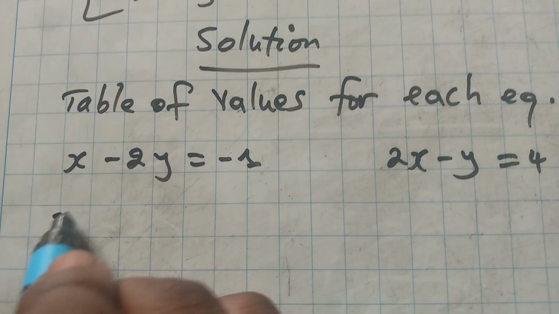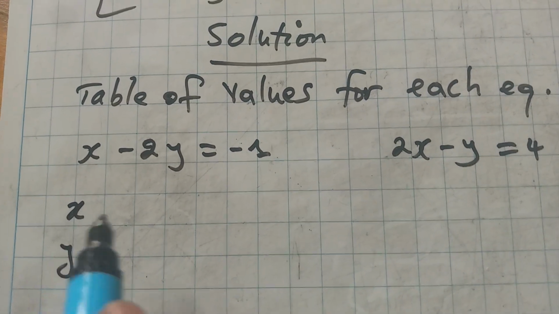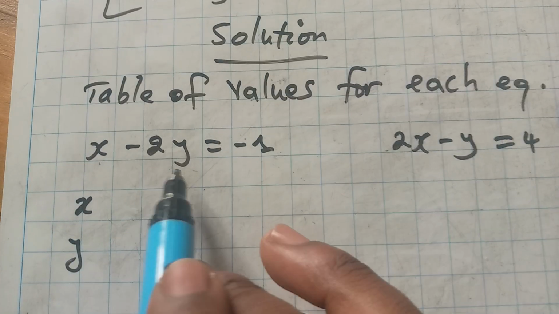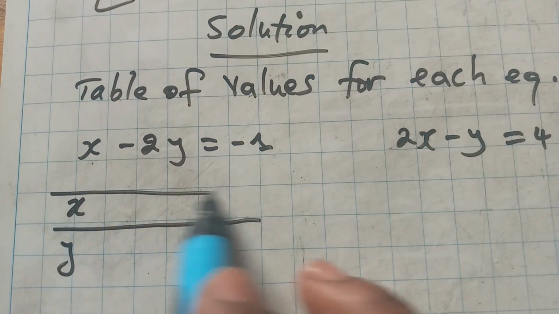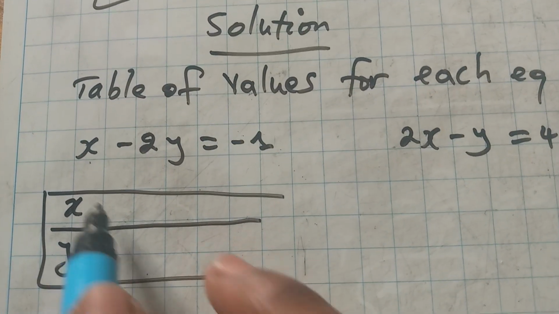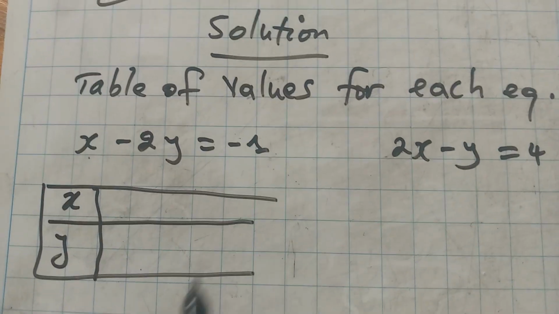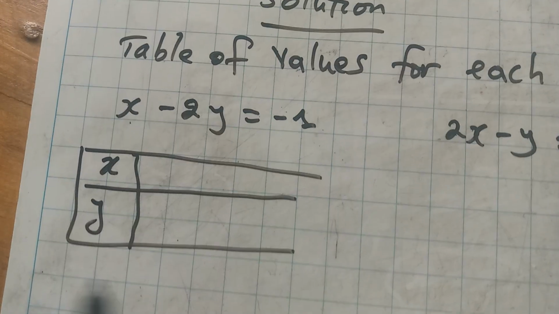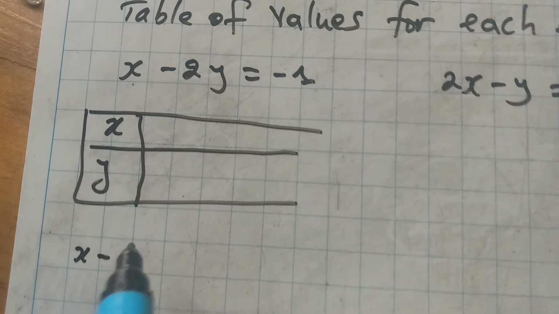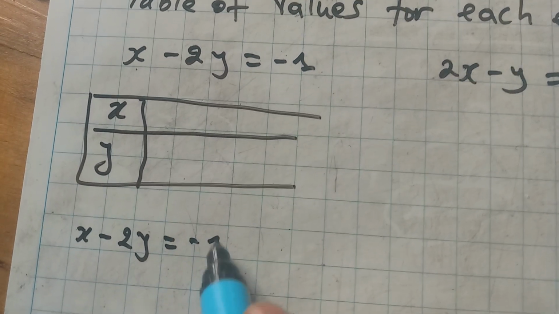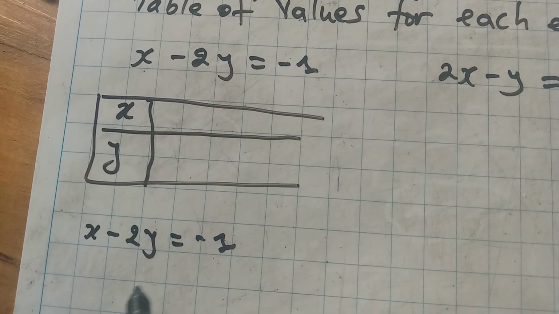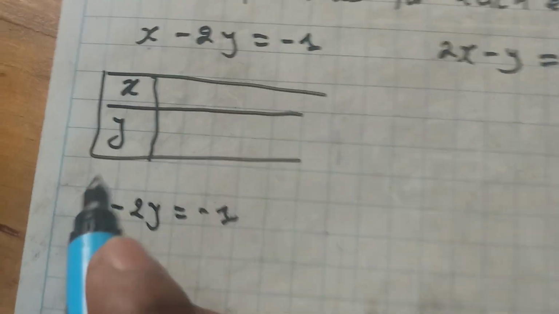So let us have x here and y here because we have the values of x and the values of y. When you have x minus 2y equal negative 1, suppose that my x is becoming 0.